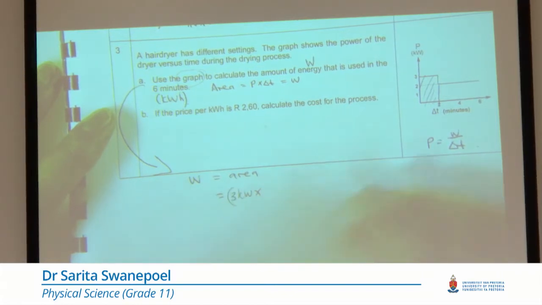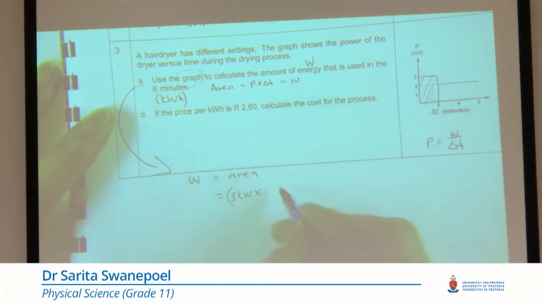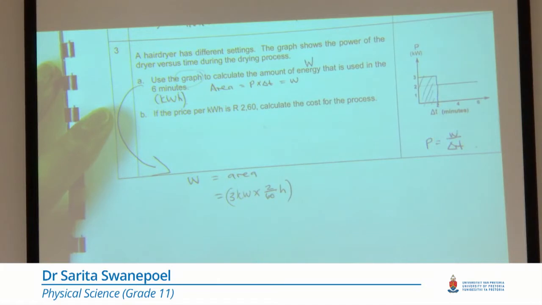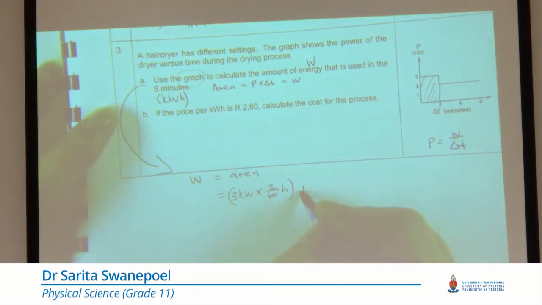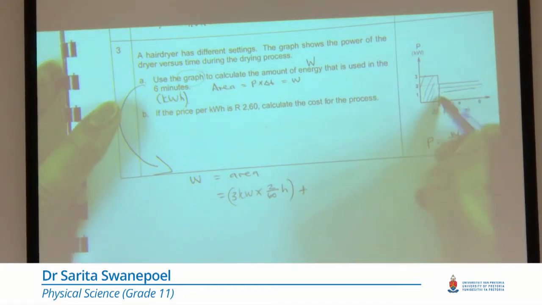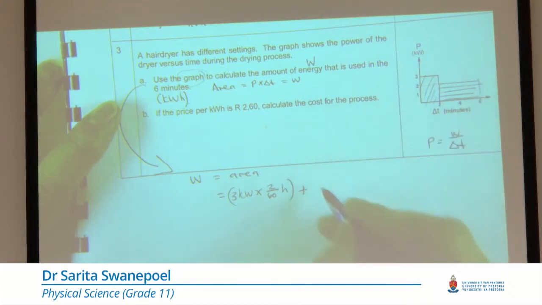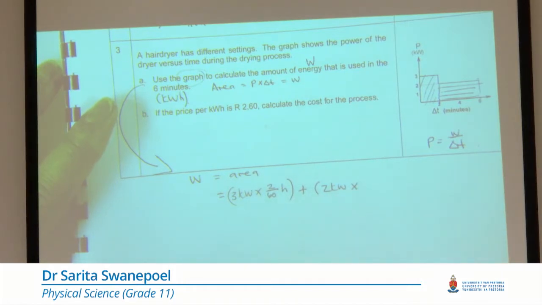Times this is 2 minutes. How do I get it into hours? 2 divided by 60 to make it hours, is that right? Then I get to the next part. How many kilowatts? 2 kilowatts. For what time? 4 minutes.